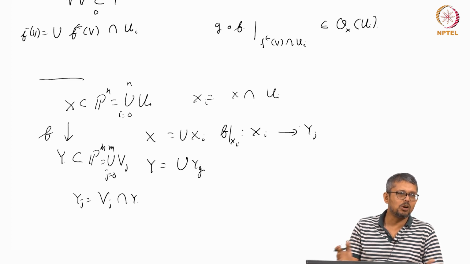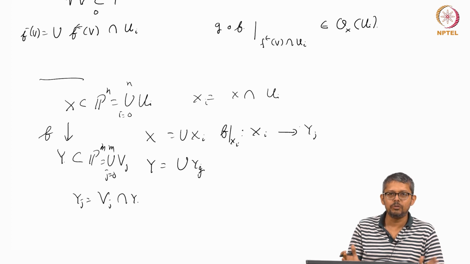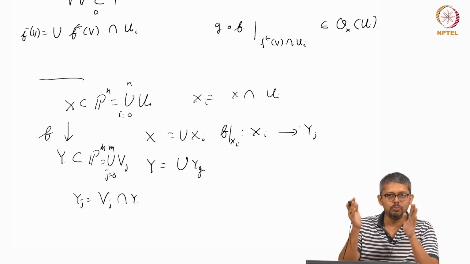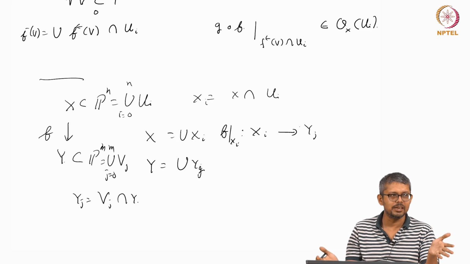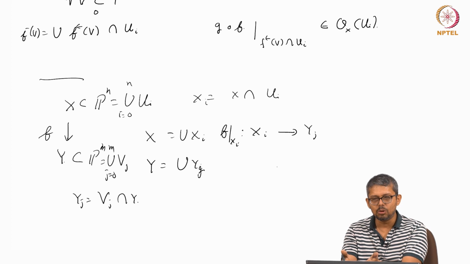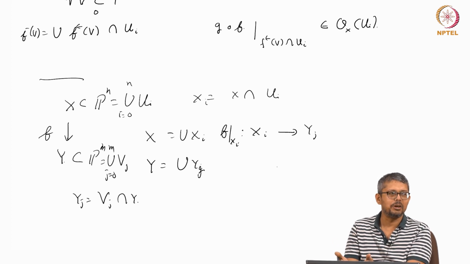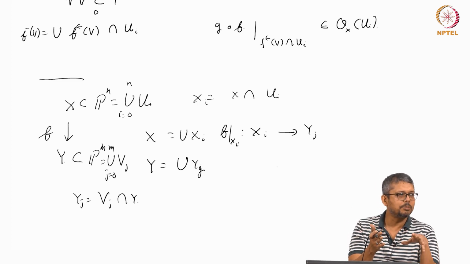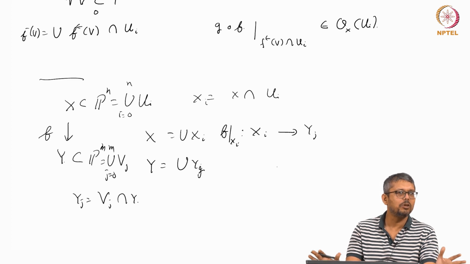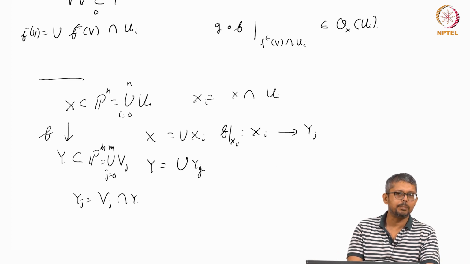You break your projective variety into affine pieces, construct a set theoretic map, and then show that it takes the regular functions on each affine open subset of Y to those of X. This is one way of constructing maps.